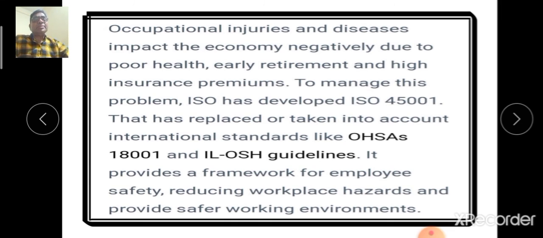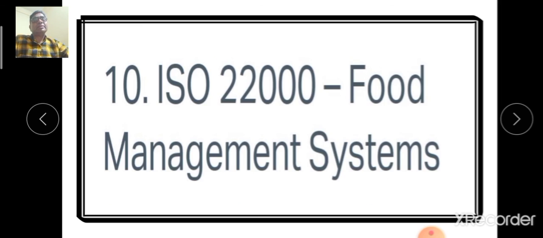To manage this problem, this series was developed, which has replaced or taken into account international standards like OHSAS 18001 and ILO-OSH guidelines. It provides a framework for employee safety, reducing workplace hazards, and providing a safer working environment.